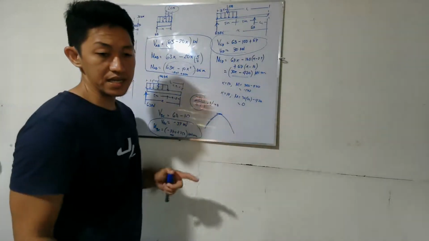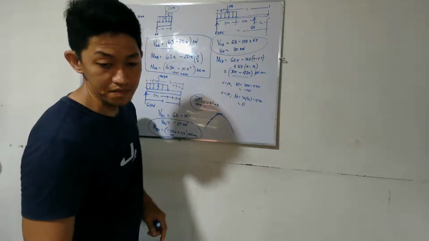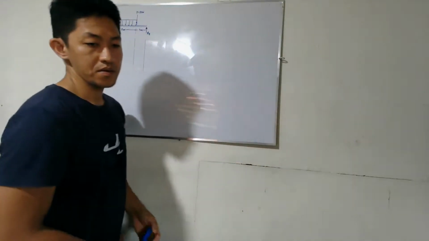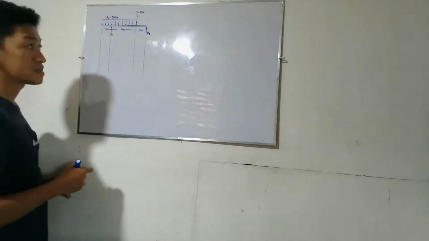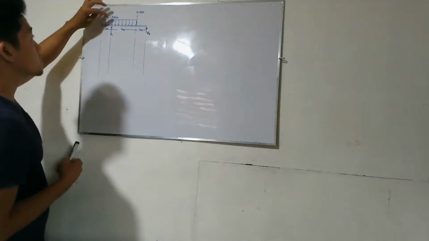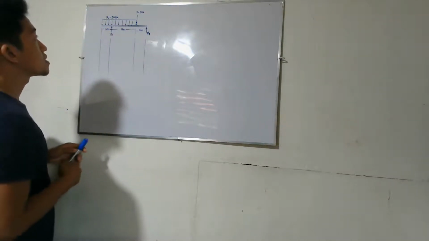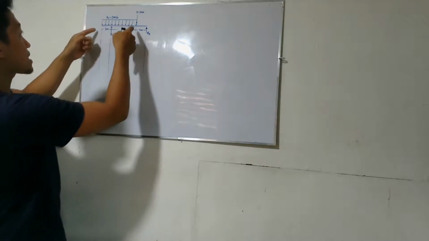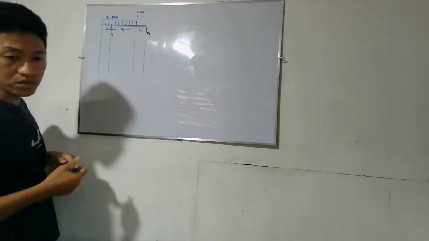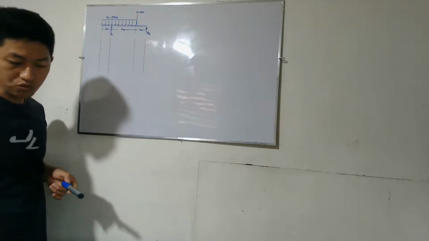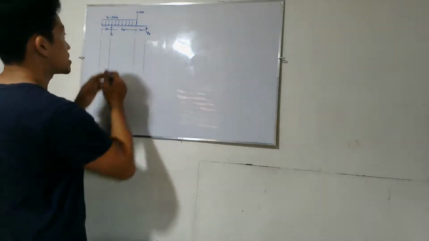So let's have another example wherein we won't use the equation. You have a distributed load of 2 kilonewtons per meter, the length is 12 meters, and we have a concentrated load of 8 kilonewtons. You have two supports, R1 and R2.